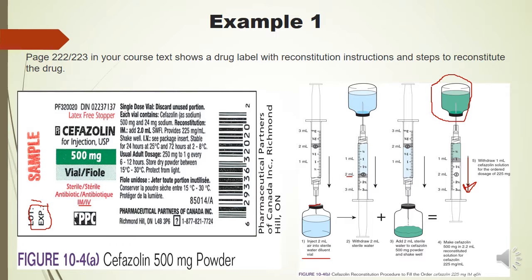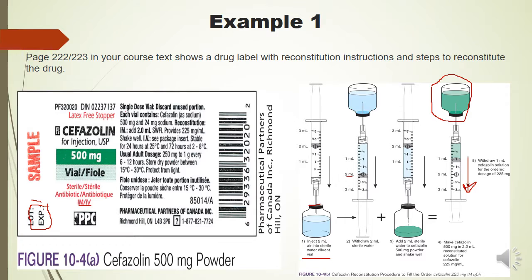So we're going to take our 2 milliliters of sterile water and inject it into our cefazolin vial. We're going to make this beautiful solution over here. And then we're going to withdraw 1 milliliter because that's just what our dose happens to be in this case. That's not stipulated, but that's what they're showing here.